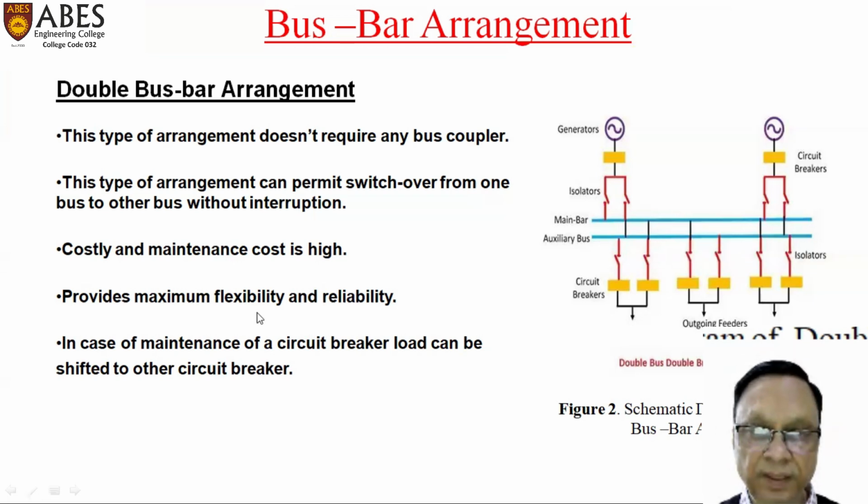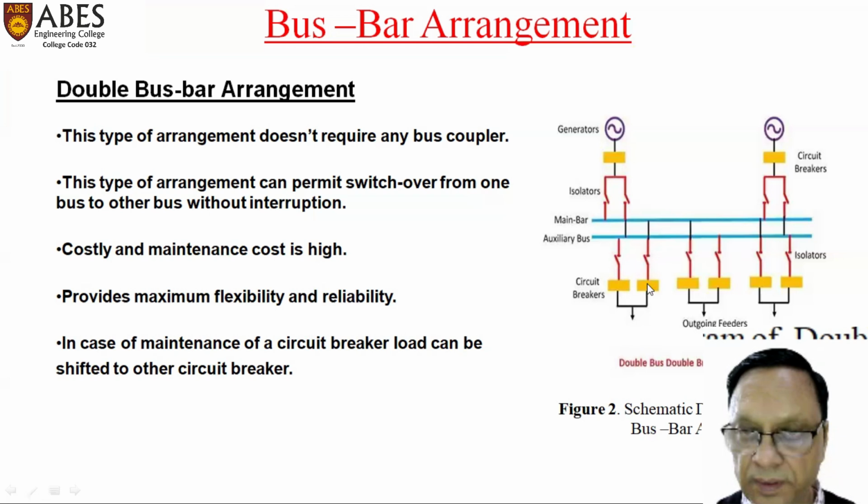In case of maintenance of a circuit breaker, the load can be shifted to the other circuit breaker. It's very convenient, very easy, very simple. If I require any maintenance with regard to outgoing feeders, here I've got two circuit breakers. If this circuit breaker requires maintenance, in case of emergency, then the total load of this feeder can be shifted to the other breaker.